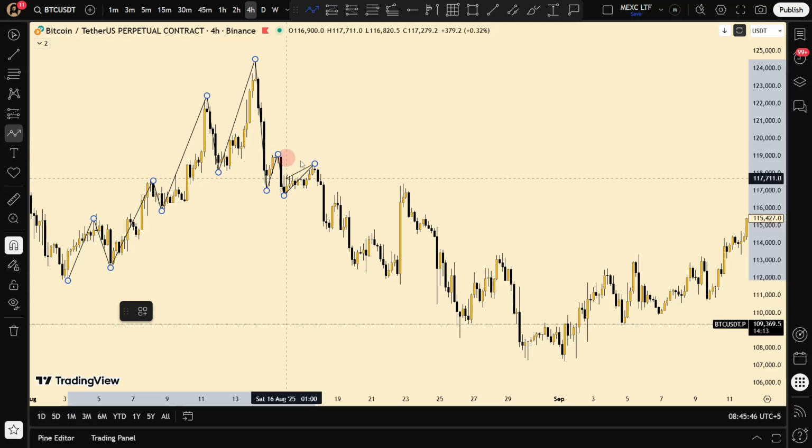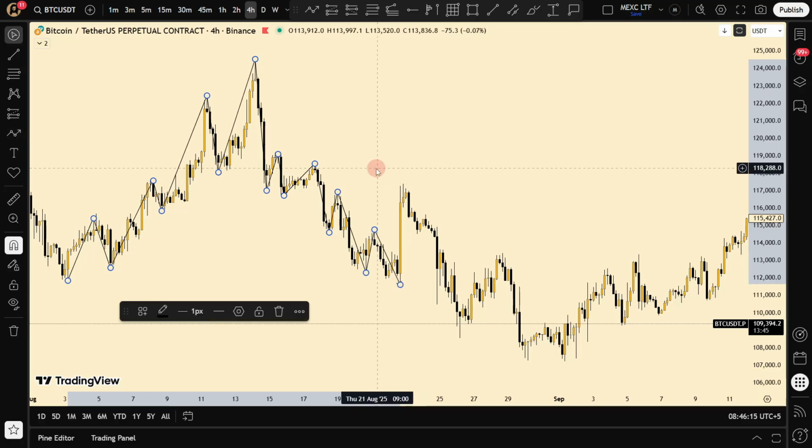Actually, it was relatively a lot with this one, but then we make a lower low, breaking below this level. Then we retrace, and then we make a lower low. Then we retrace. We make a lower low, right?